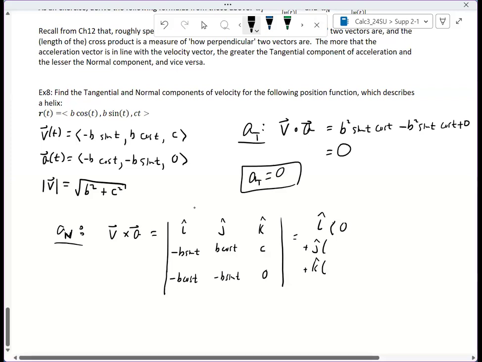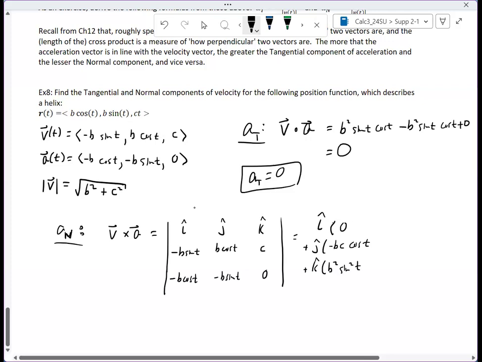For j, I have j times c times negative b cos t. That's negative bc times cosine t. And for k, I have k times negative b sine t times negative b sine t again, is plus b squared sine squared t.